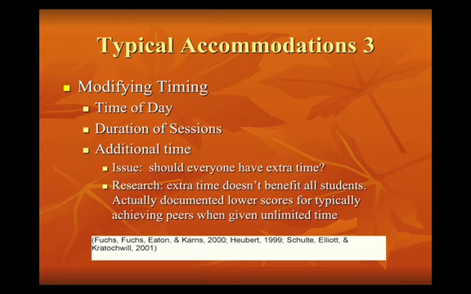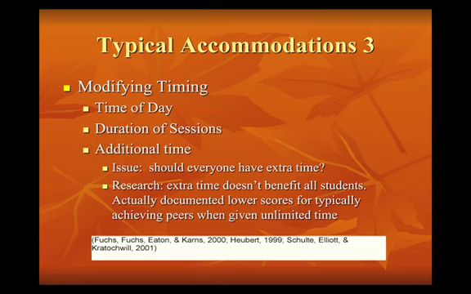And I think one of the questions becomes, if some students receive extra time to finish something, then should all students receive extra time? Interestingly, there was a study by Fuchs, Eaton, and Carnes in 2000, also by Hubert in 1999 and Schutz-Elliott and Crutchwell in 2001, really documenting that extra time as an accommodation typically doesn't improve everyone's scores.